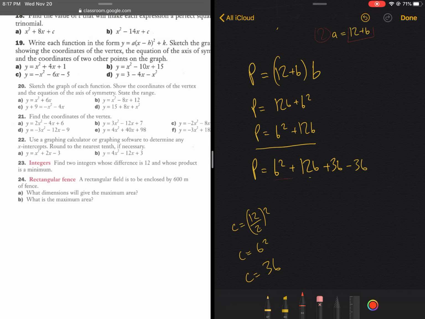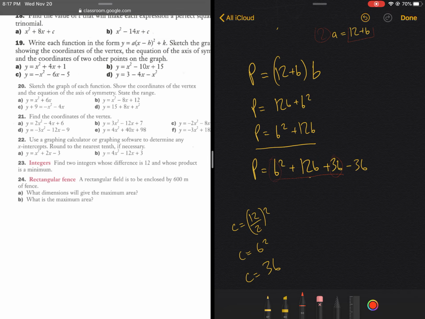By the way, this is now our perfect square. B squared is B squared, 6 squared is 36, and 6 times 2 is 12. So this is a perfect square.